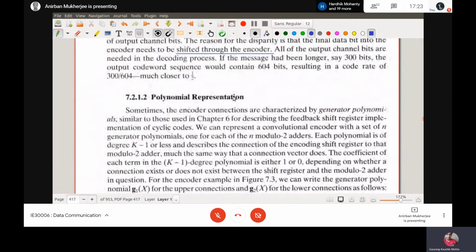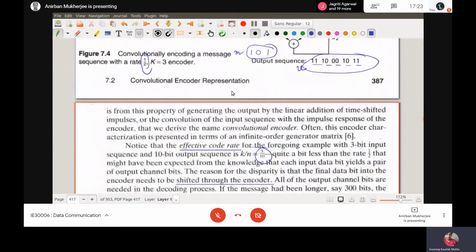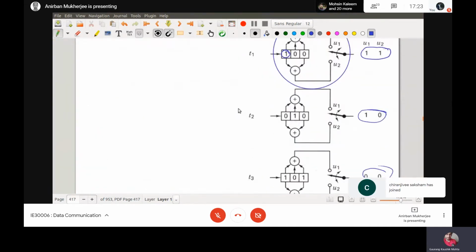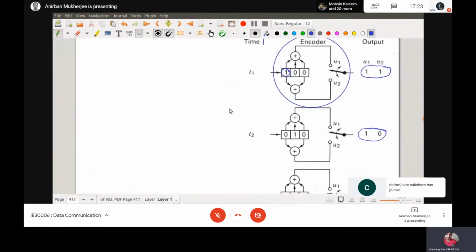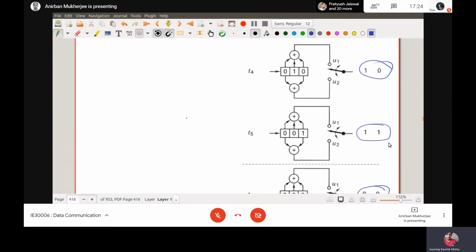Anyway, there is a certain polynomial representation. Because finally, at the decoder side, at the receiver side, you will get U1, U2, U3, U4, U5, U6, U7, U8, U9, U10.